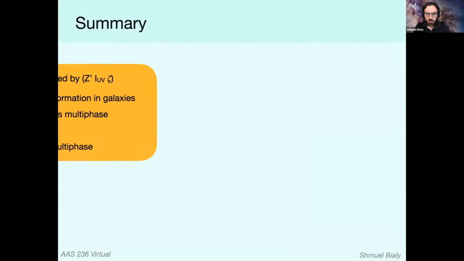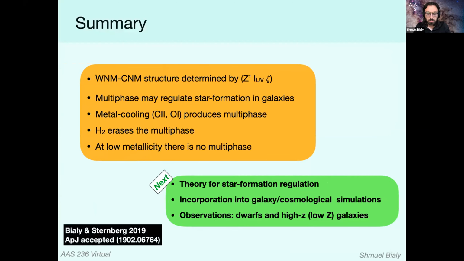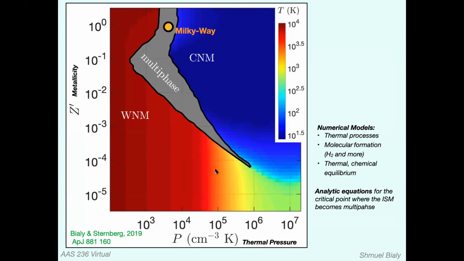Yeah, that's a good question. So basically what happens is at very low metallicities, H2 cooling and H2 heating become more and more important, compared to high metallicity, where it's just C+ and metal cooling and Lyman alpha. At low metallicity, it's all dominated by H2 cooling and heating, and metals play no role.